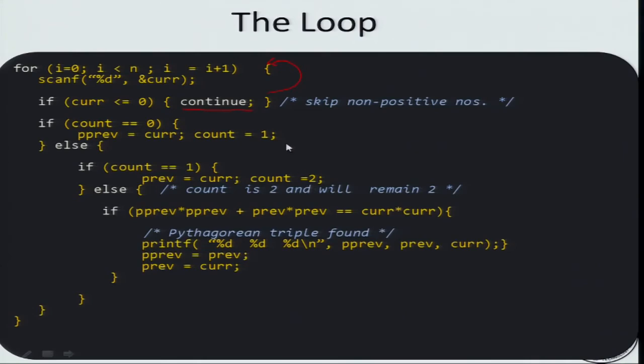So I have a previous to previous number and I have a previous number. Now I will read the next number. This is because in order to identify a triple, you need at least 3 numbers. Okay, so previous to previous and previous should already be set to some positive values in the input. This is why we initially said that we need at least 2 inputs.